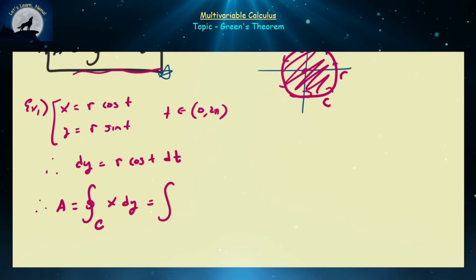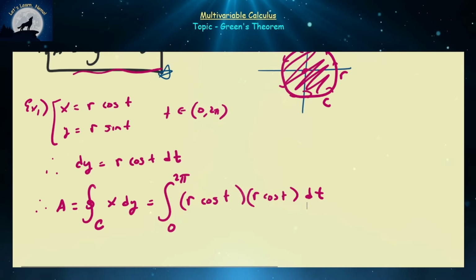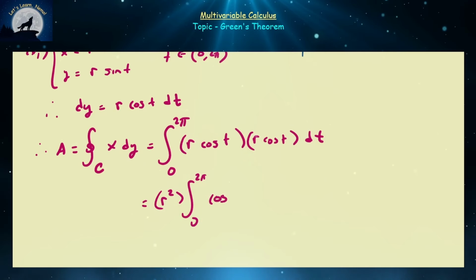This will be equal to the integral from 0 to 2 pi, because this is still a line integral over a vector field, of r cosine of t times dy, which is r times cosine of t dt. So once we have this, this is going to be equal to r squared times the integral from 0 to 2 pi of cosine squared of t dt.